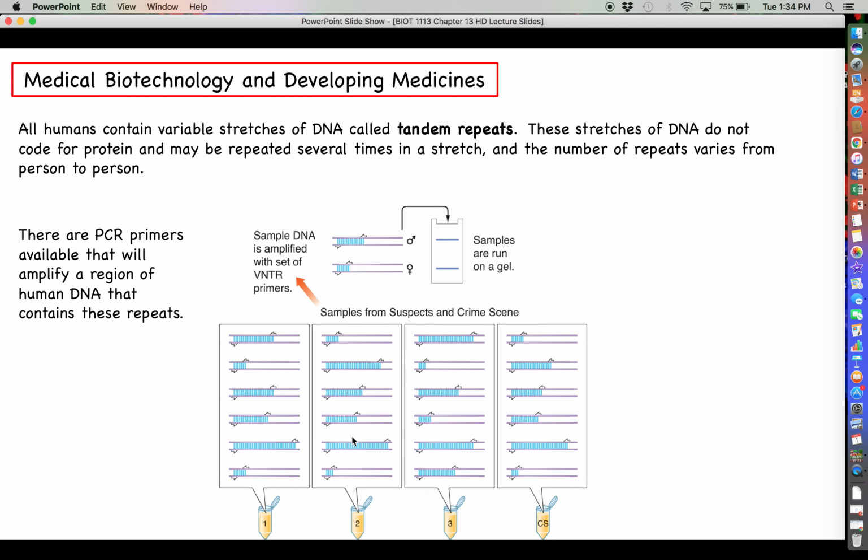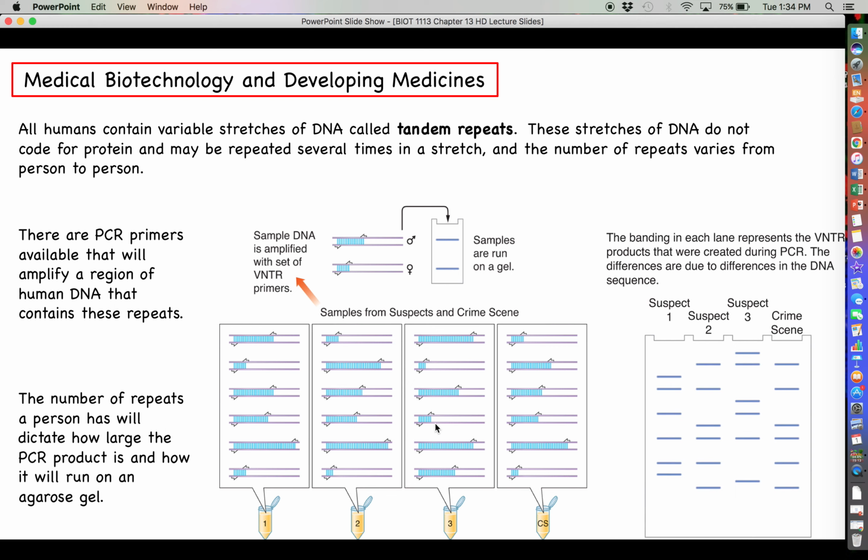Suspect number 2 looks like a match for the first tandem repeat, but doesn't really hold up for some of the others, especially the second one that you see here. This one seems to be a little bit too long. And then suspect number 3, again, doesn't really seem to be a perfect match because some of these do not seem to be matching up very well.